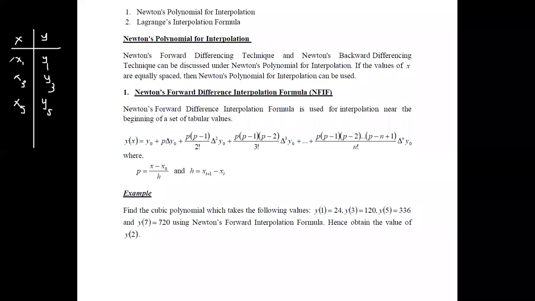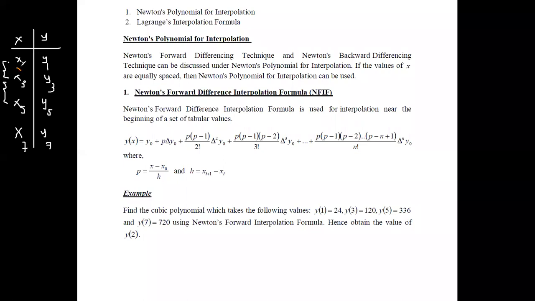If you consider any two consecutive values, the distance should be the same. I will take another value, x7, y7. If you need to identify a value at the beginning of this set, it is somewhere here.